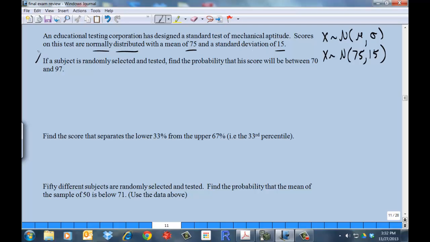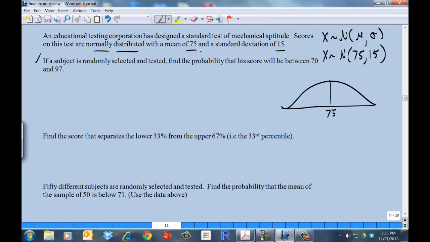So the first question here. If a subject is randomly selected and tested, find the probability that his score will be between 70 and 97. The first thing we want to do is draw out a bell curve, label the mean at 75, and then find our boundary points.